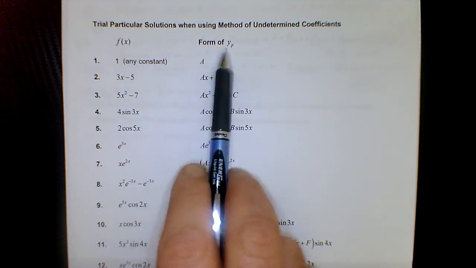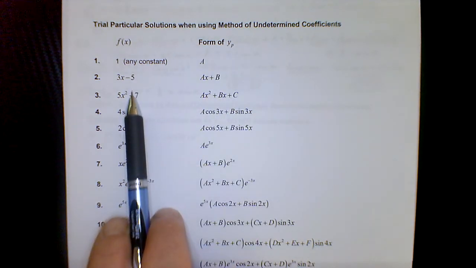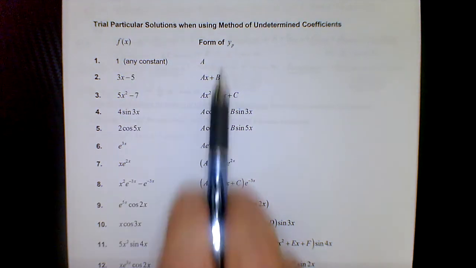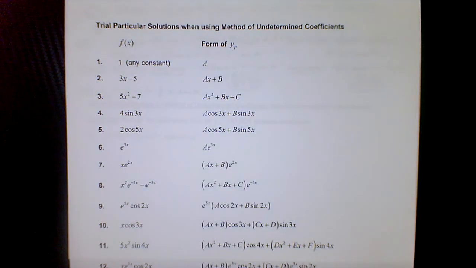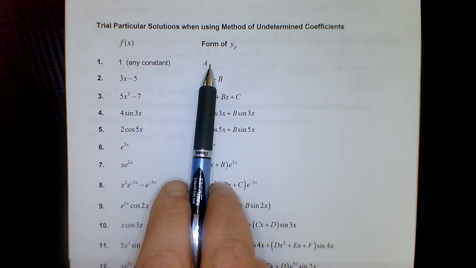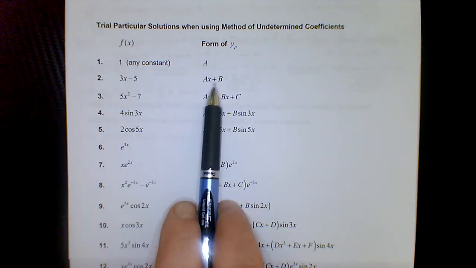The form of y sub p is our guess. If the function that's making it non-homogeneous is of these forms, then this is what we use as our guess. And in particular, if a constant, you're going to call it a constant. Linear, call it linear.